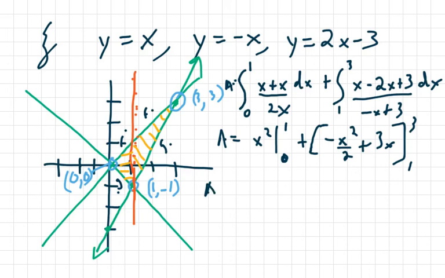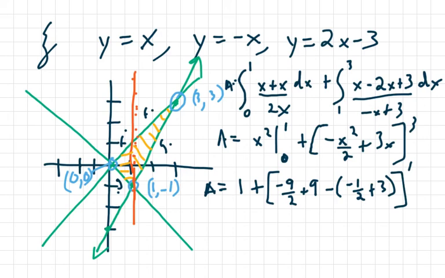Now let's walk this one out. So we got 1. Here's the first part. Plus, keep all this in brackets, -9/2 plus 9, minus -1/2 plus 3. So there it is. I've plugged in that 3.